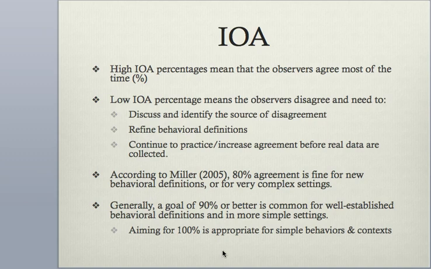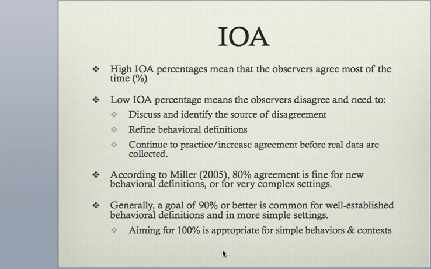However, when the definitions are well established and have been used for a long time in the literature, when behavior happens only occasionally, not in rapid succession, and in settings that are more simple and easy for data collection purposes, we really aim to be at around 90% or higher.